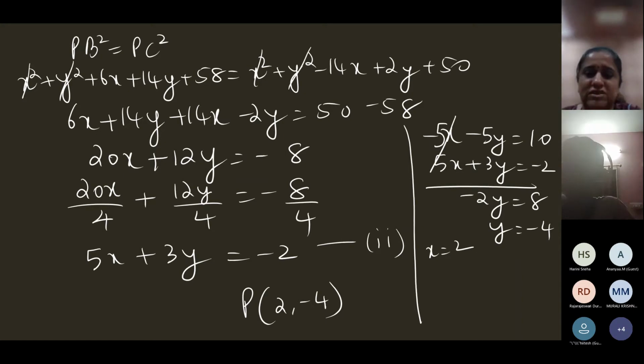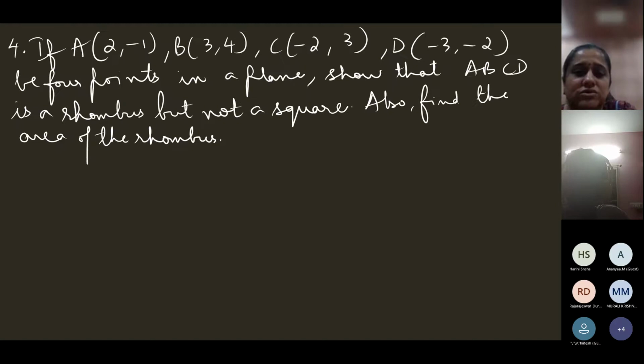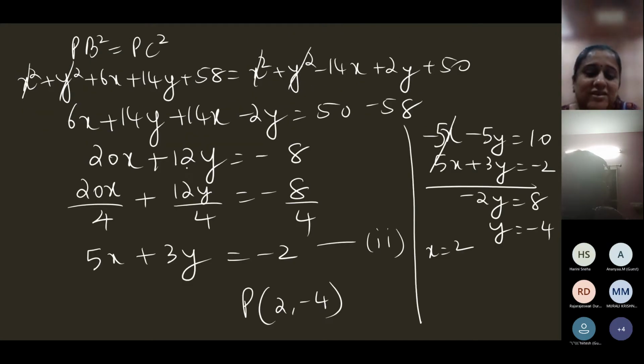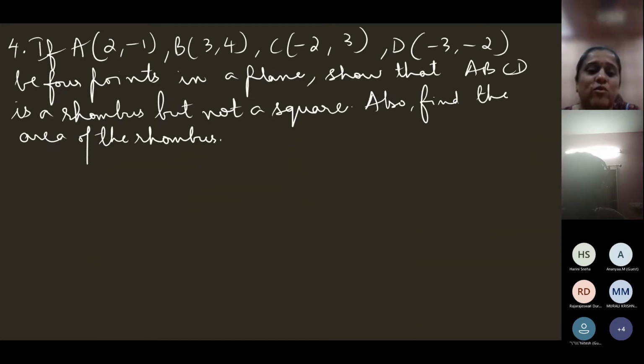Okay, what are your equations? Tell me. What are your equations? Ma'am, my equations are same as yours. Okay, read from your book. What have you written in your book? Read.